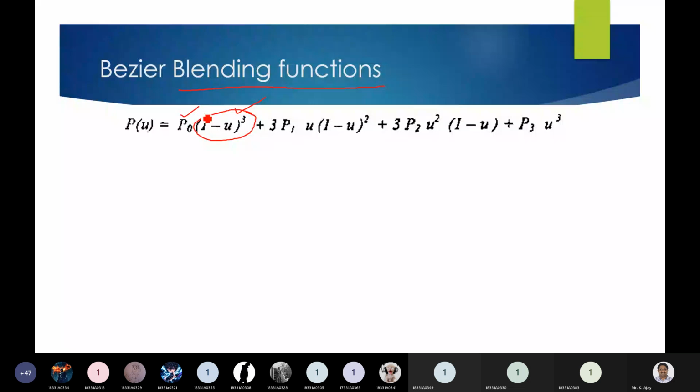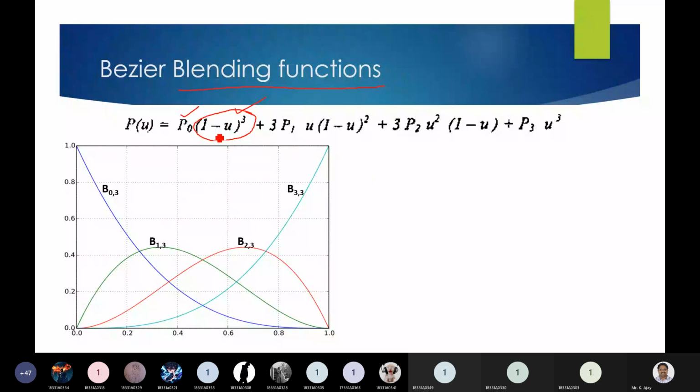So in order to understand the overall shape and the influence, people try to understand the blending functions as well. If you draw a graph for every blending function, for example, 1 minus u cube is nothing but b03, denoted with b03. Similarly, 3u into 1 minus u square is denoted with b13, and similarly the coefficient of p2, the coefficient of p3, all the different blending functions.